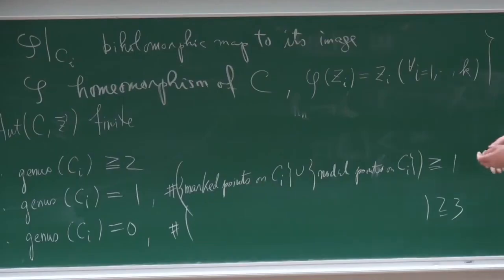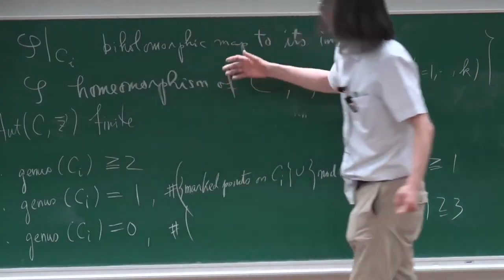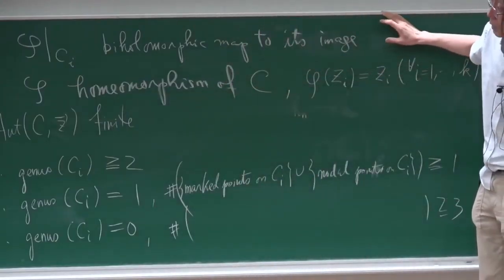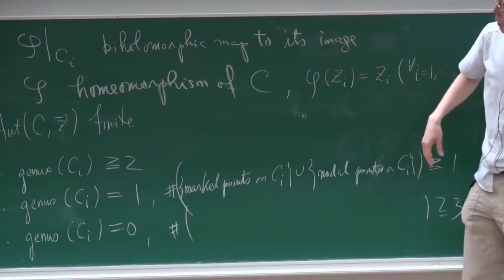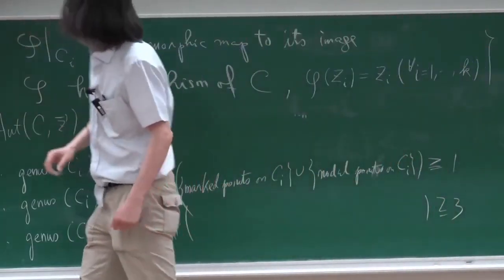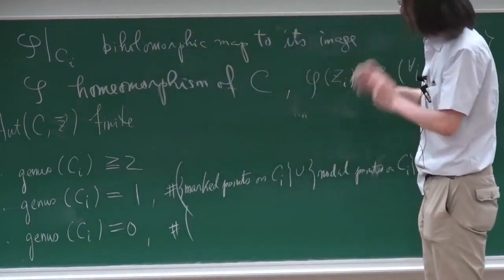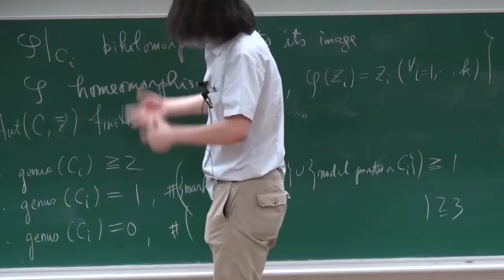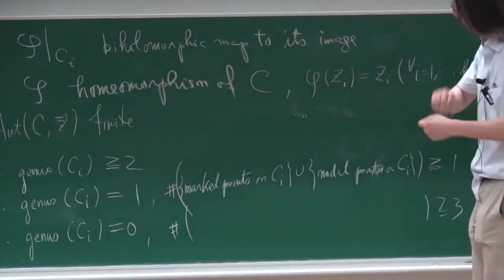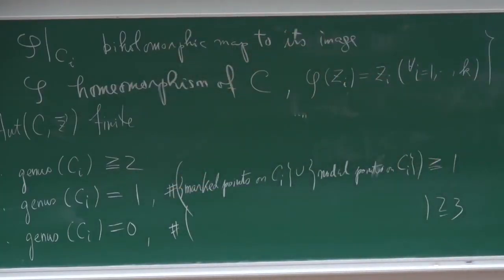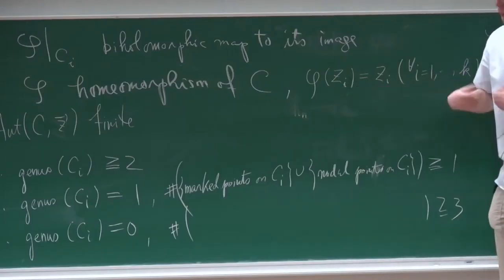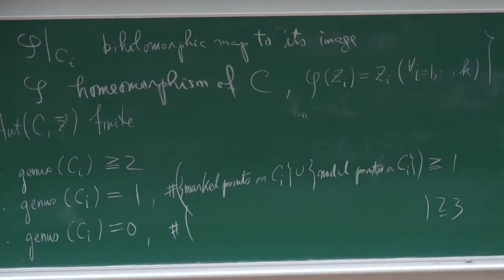Certainly, we have only finitely many components, and so finitely many nodal points. So you can also say that it is stable if the automorphisms, where phi is a biholomorphic map of Ci, nodal points are mapped to themselves, and marked points are mapped to themselves, form a finite set.